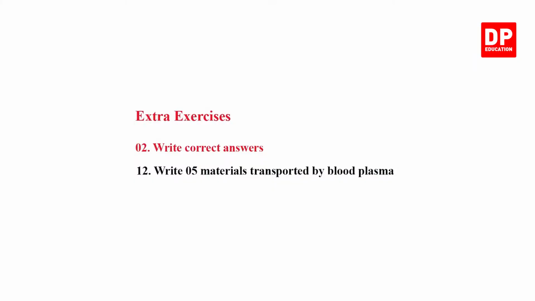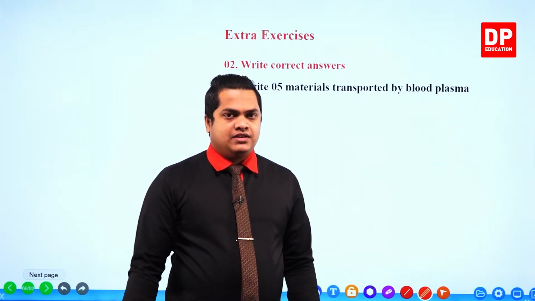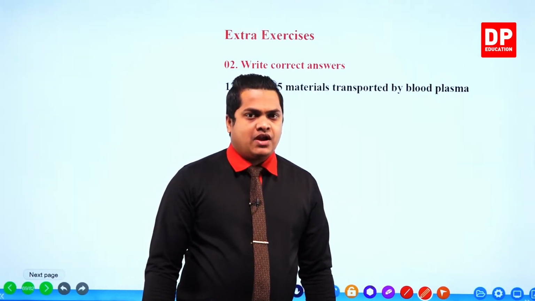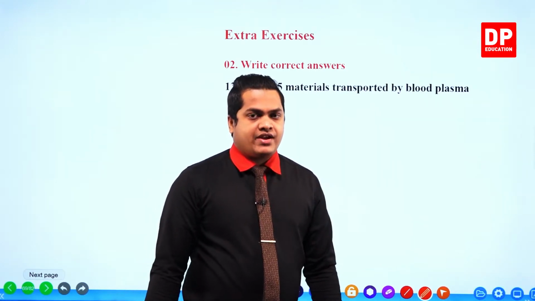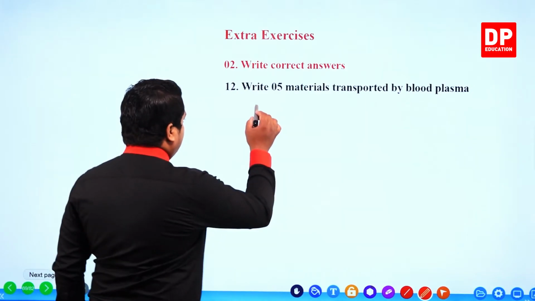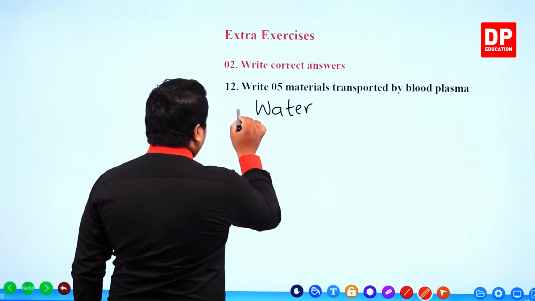Question number 12. Write 5 materials transported by blood plasma. Pretty much an easier question. You know that each and every particle that is transported within the blood is going to transfer with the help of plasma. So we can write any particle like water, right?